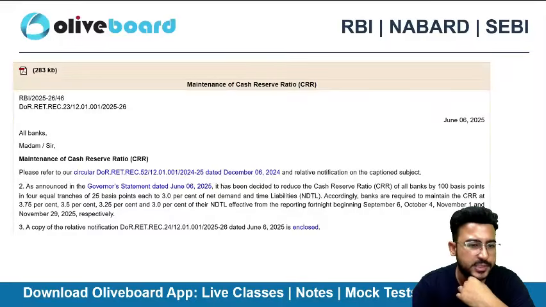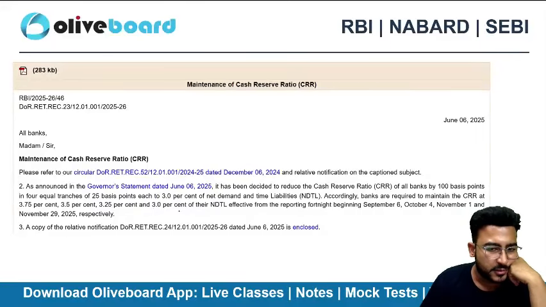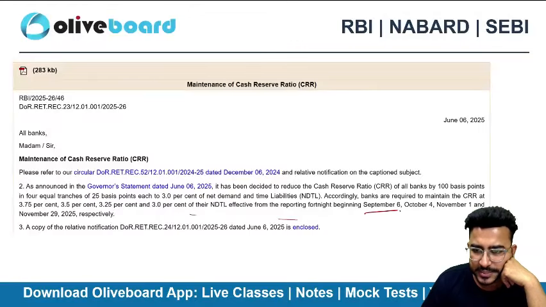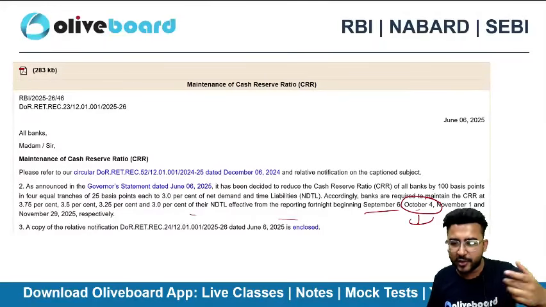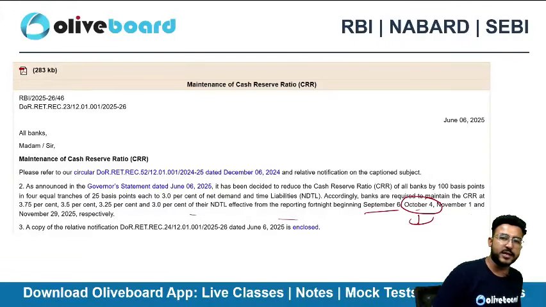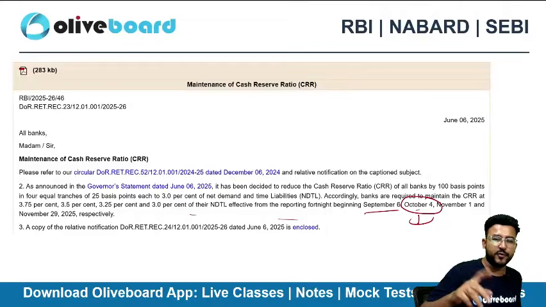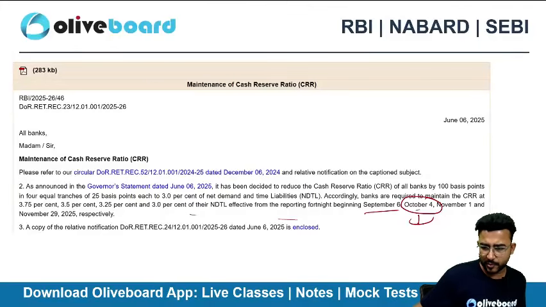Then again, there was a CRR cut as well, and I think one date was falling in October as well, right? Let me read this. Okay, 6 September, 4th of October, yes. So there was a release of liquidity on 4th of October as well. And what was on 4th of October?